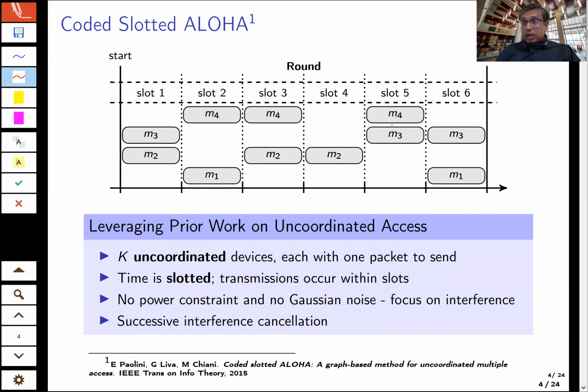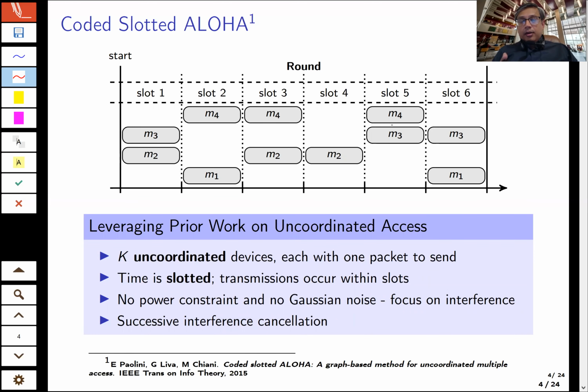Coded slotted ALOHA is a coding scheme that focuses on trying to design codes for a channel where there is no Gaussian noise, but there are collisions from packets. Okay, so the idea here is this. You have a bunch of users. Let's say there are 4 users who want to transmit within that part of the frame I talked about in the previous slide.